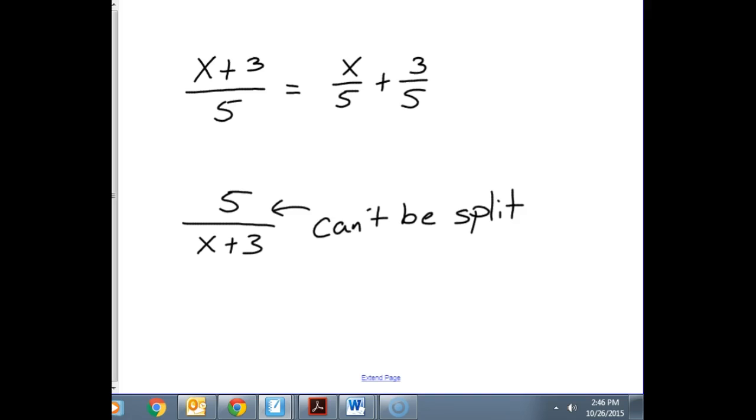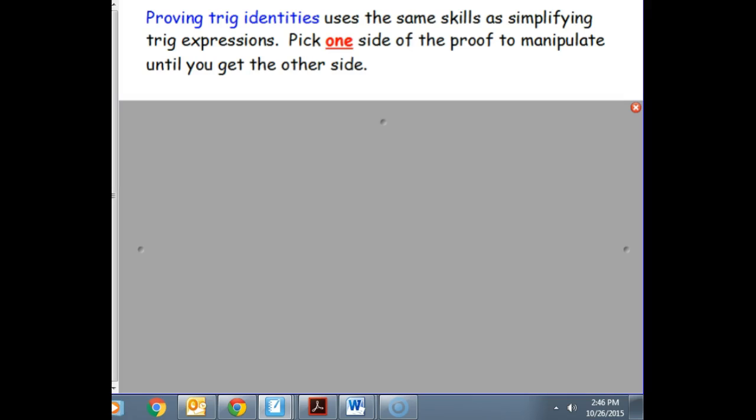All right, let's do this. Proving identities. When we are proving identities, we are going to be using the same skills as simplifying trig expressions. So the exact same thing as we did last week. The only difference is that I'm going to give you the answer to the problems, okay?